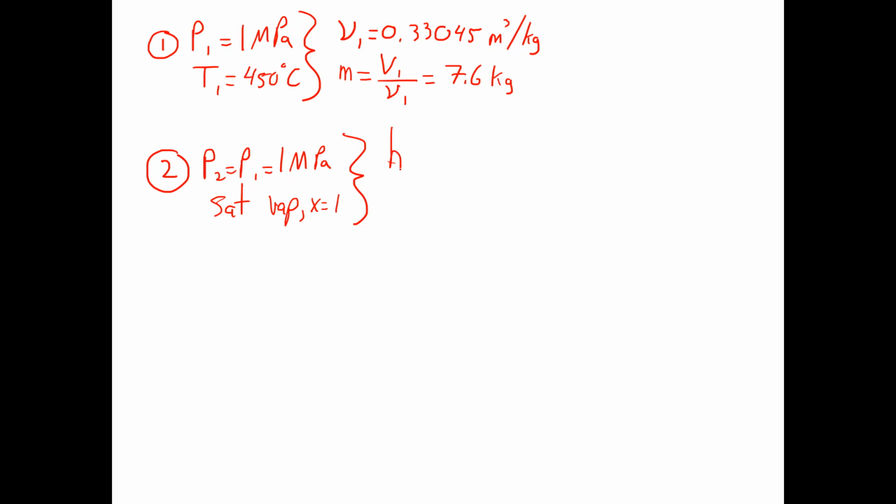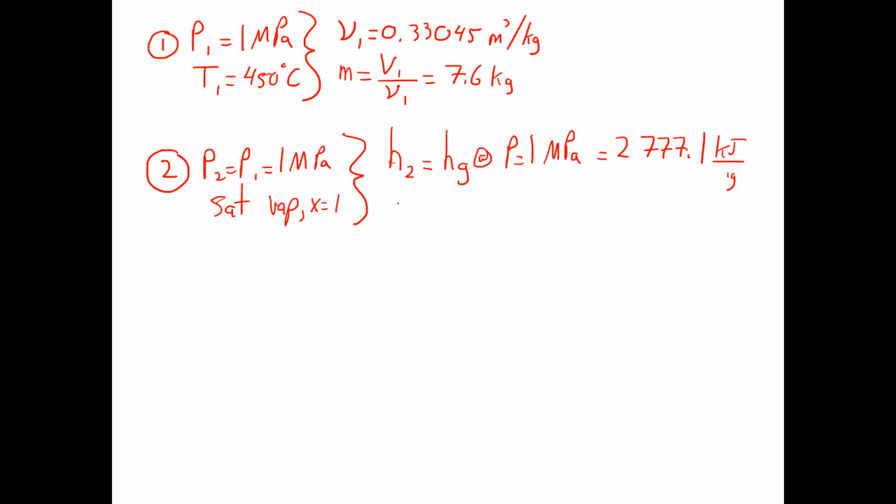And I can find H2, right? Again, which would be the enthalpy of saturated gas at a pressure of 1 megapascal. That would be equal to 2,777.1 kilojoules per kilogram.